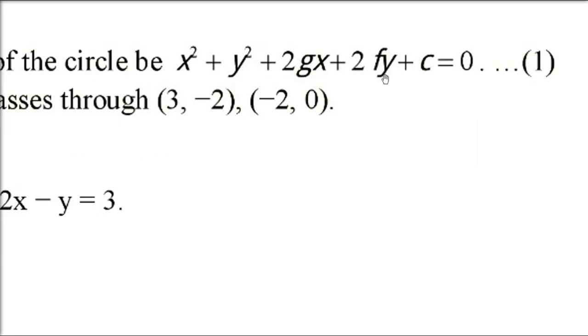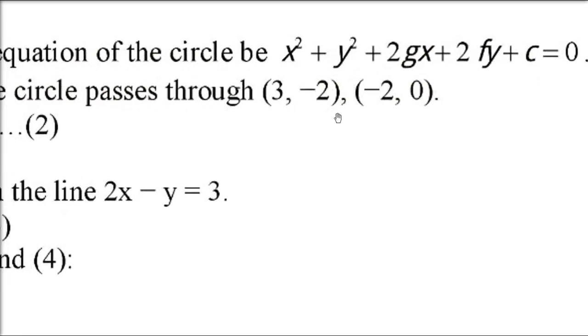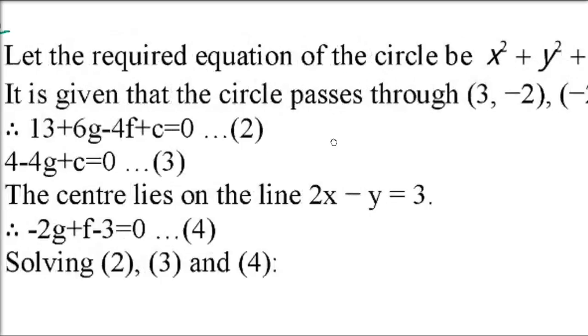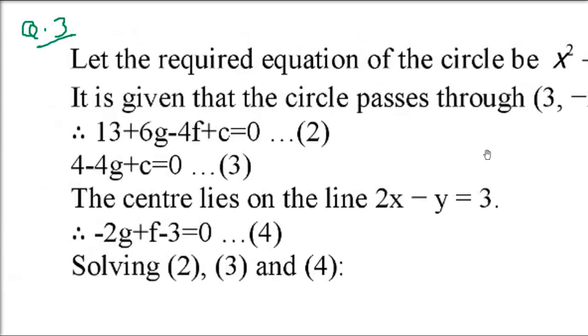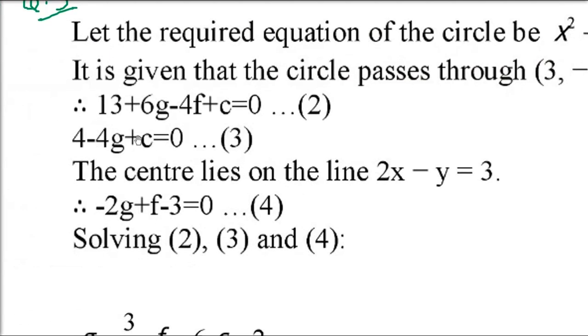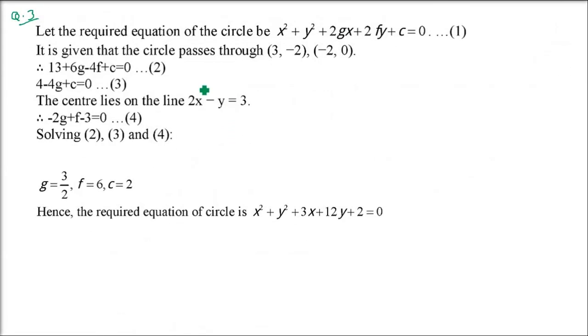This equation you have to keep always in your mind: x square plus y square plus 2gx plus 2fy plus c. And it is being said that the circle is passing through these 2 points, 3, minus 2, and minus 2, 0. So when you put 3 and minus 2, you'll get an equation. Then you put the other coordinates, minus 2 and 0. So 2 equations you have formed.